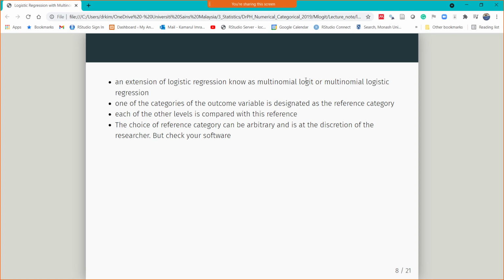The difference between logit and logistic is that logit is a model to obtain the log odds, whereas logistic model is a model to obtain the probability.